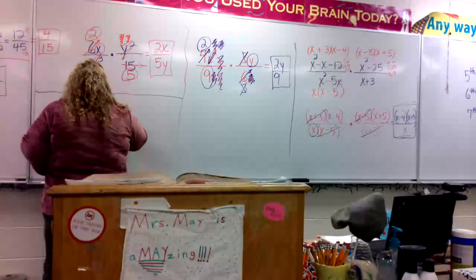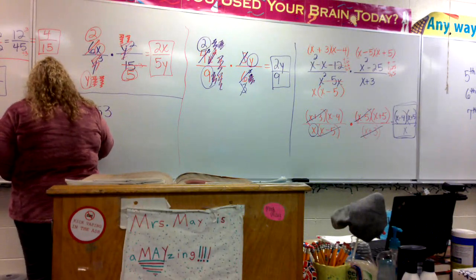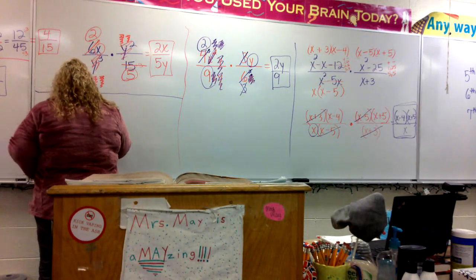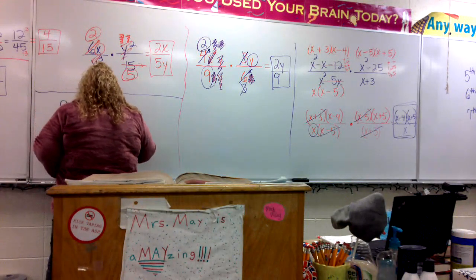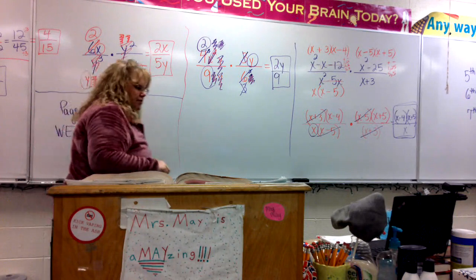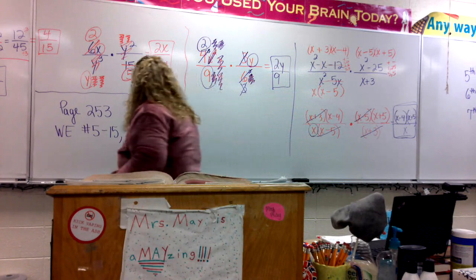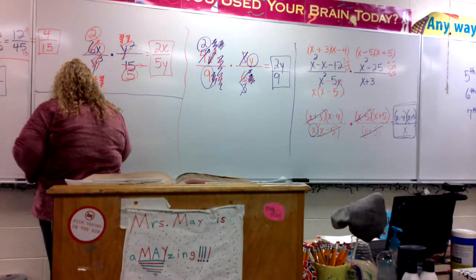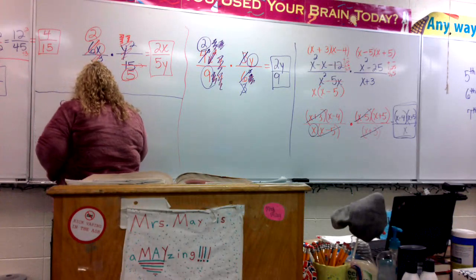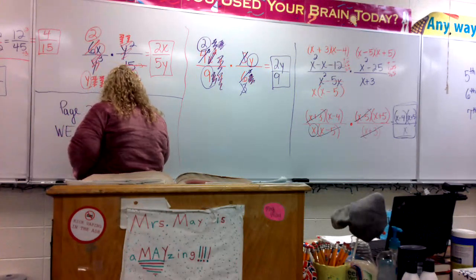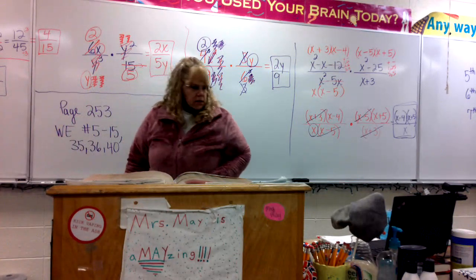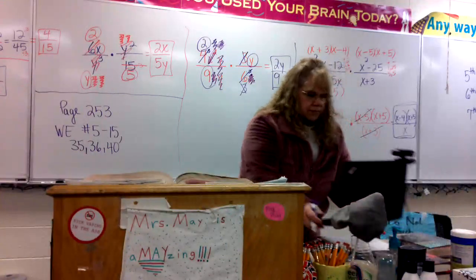Page 253. I have WE. We'll go 5 to 15. And then I have a couple others where you actually have to factor. 35, 36, and 40.